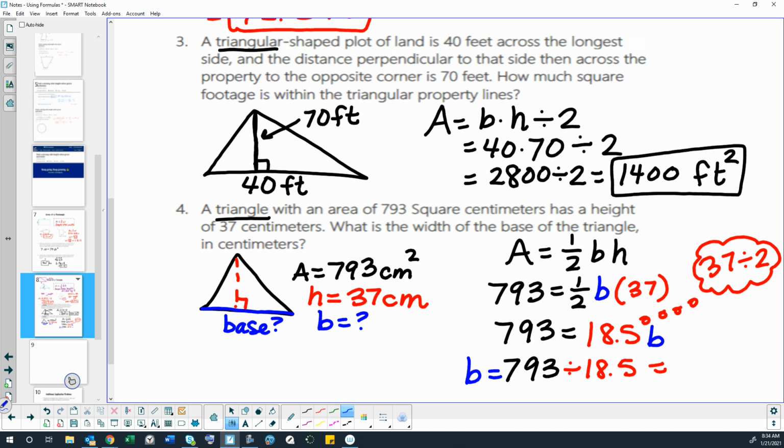Go to your calculator for me, tell me what you get, so I don't have this answer memorized. And we should get approximately, you can do a little approximate thing if you want to, 42.9 centimeters. I just rounded the 0.86.